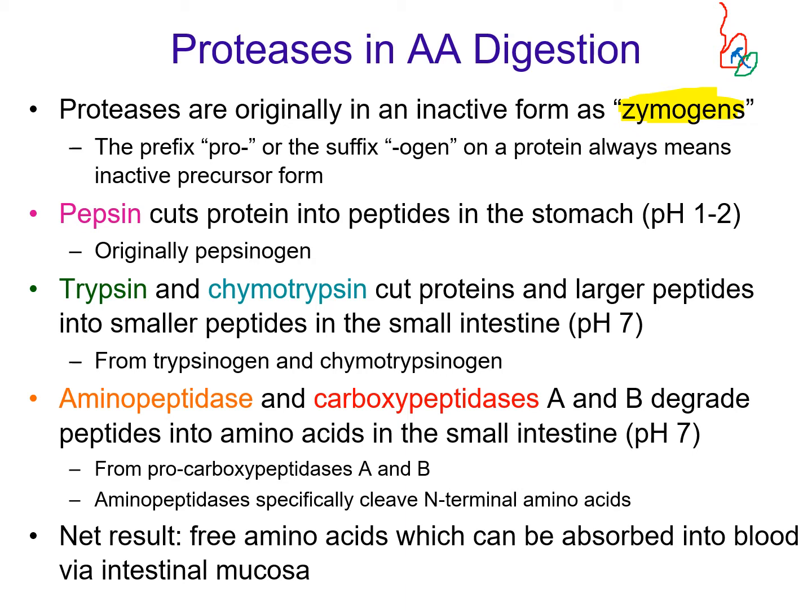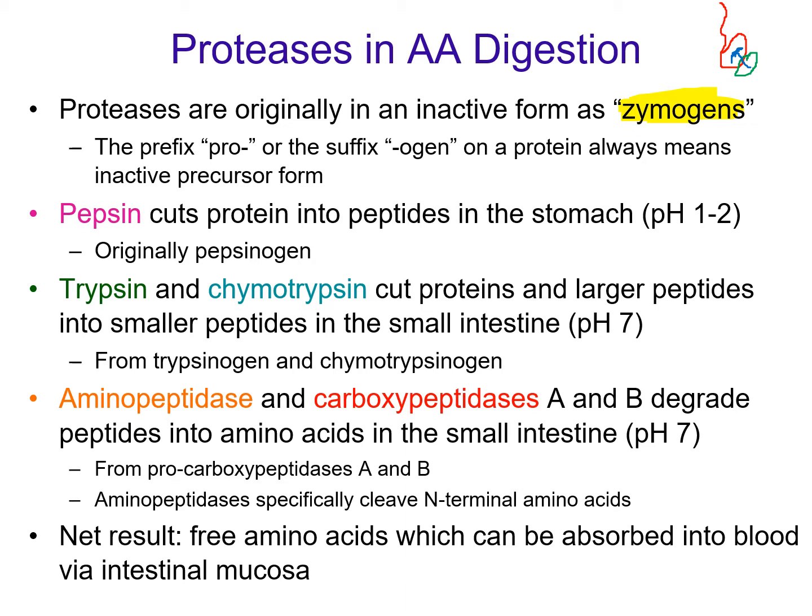We don't want our proteases always digesting things in our stomach and pancreas. Actually, if you had active digestive enzymes prematurely, they would start digesting our actual organs like our pancreas. So our body has to have inactive and active forms of proteases so we won't digest our organs.